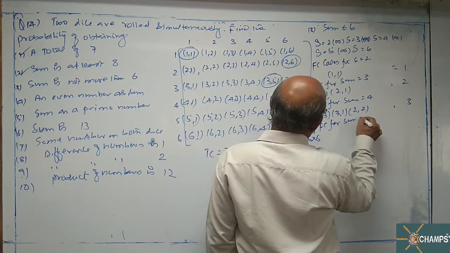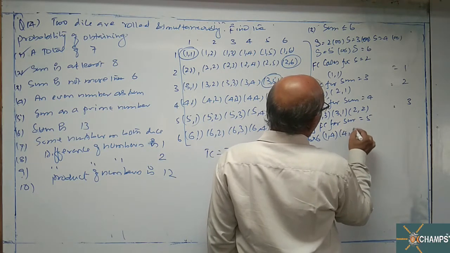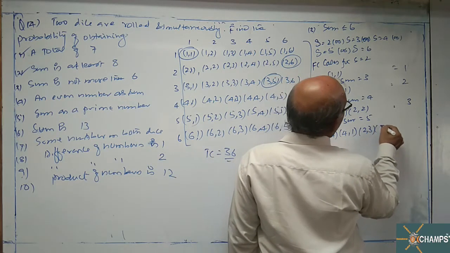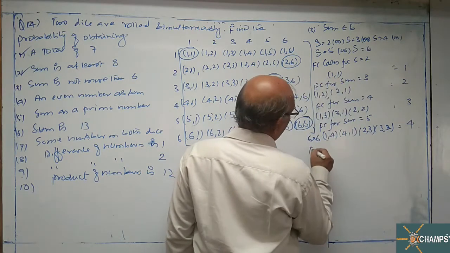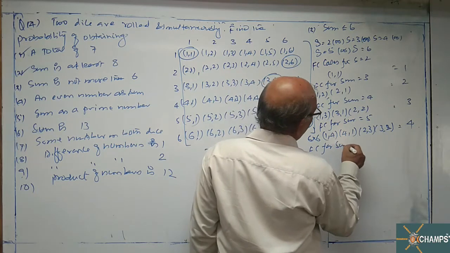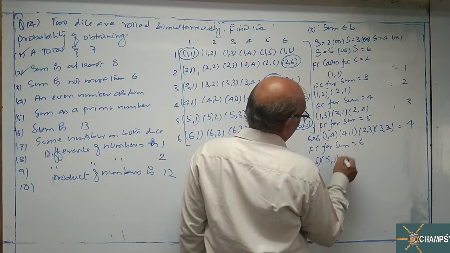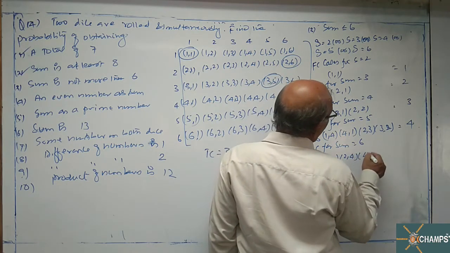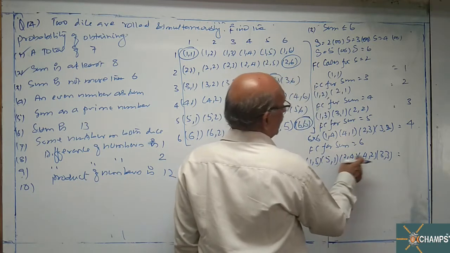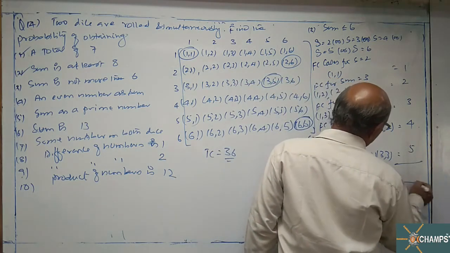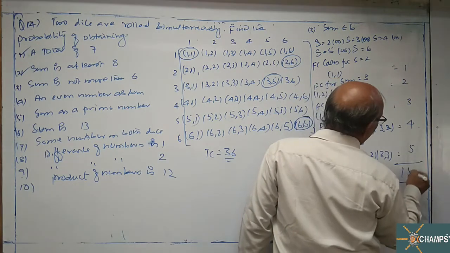Favorable cases for sum is equal to 5. 1 comma 4, 4 comma 1, 2 comma 3, 3 comma 2. 4 cases. Favorable cases for sum is equal to 6. 1 comma 5, 5 comma 1, 2 comma 4, 4 comma 2, 3 comma 3. 5 cases. 1, 4, 9, 12, 14, 15.